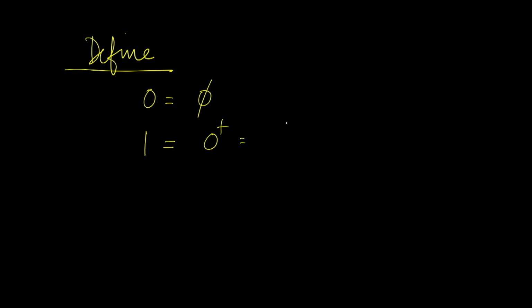So what we do is this: we construct natural numbers in this manner. We define 0 as the empty set, we define 1 as 0 plus, which is the successor of 0, which is 0 added to itself.